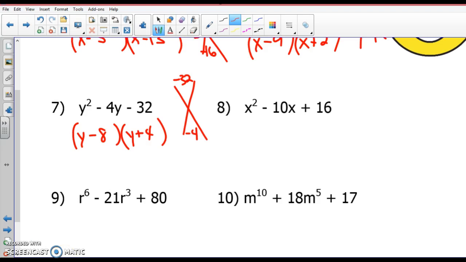Let's do this one. Let's try to do this without the diamond. It's the same thing. How does x squared factor? X and x. I need two numbers that multiply to positive 16 that add to negative 10.